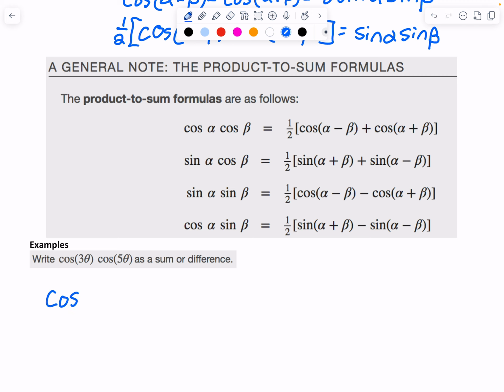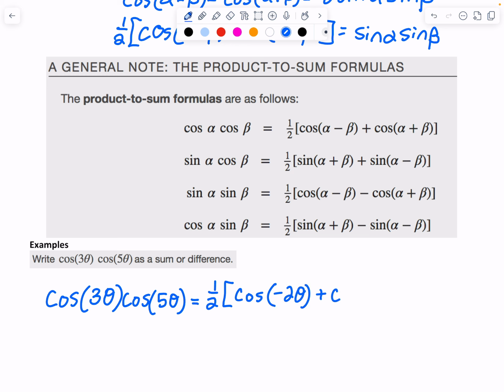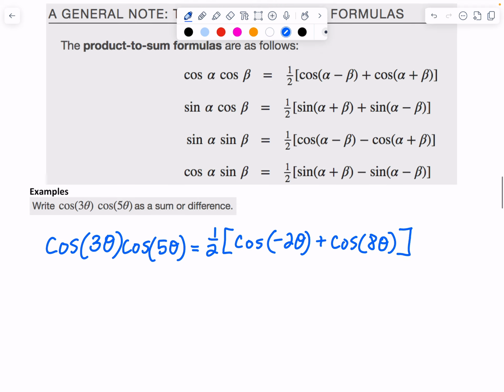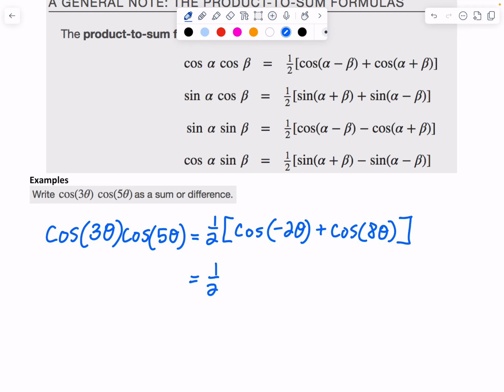All right, so in this example using our formula, I got cosine here. So cosine is going to be 1/2 times cosine of the difference, which is negative 2 theta, plus cosine of the sum, which is just 8 theta. And then we know that the cosine of a negative angle just spits out the positive of that angle. And there we go.